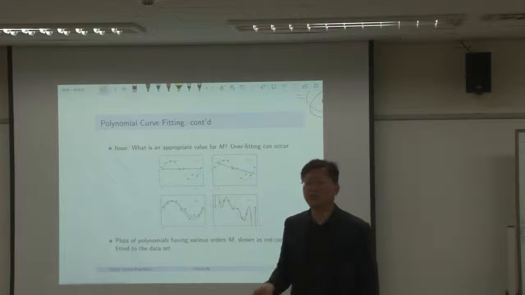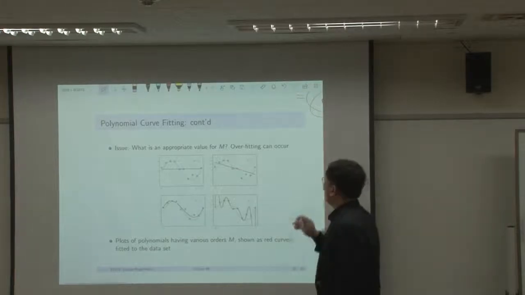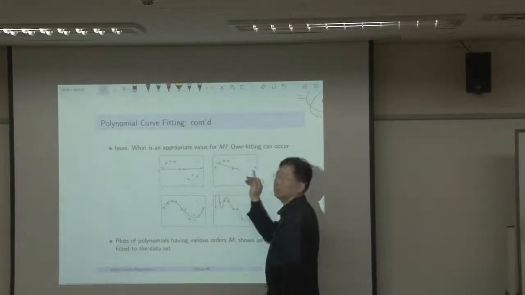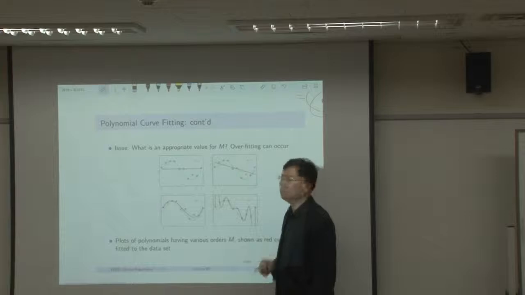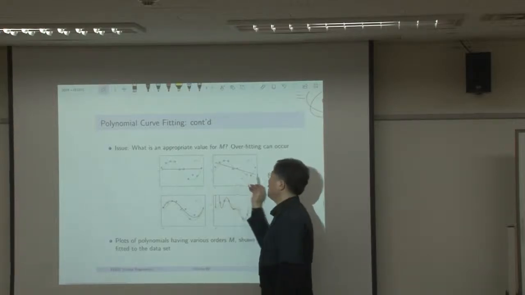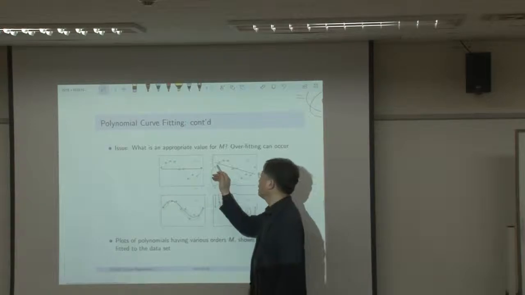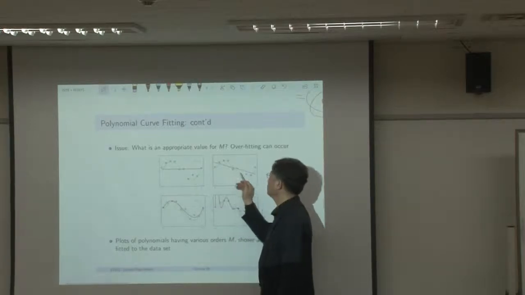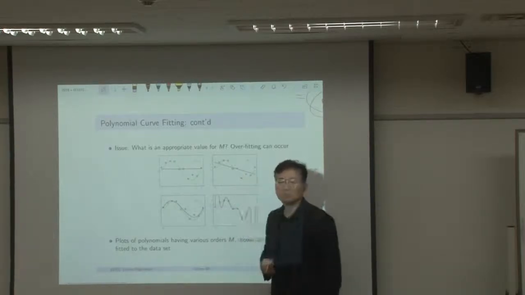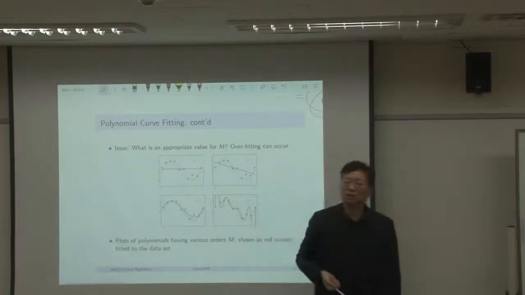I'm not satisfied with that. So what do I do? I increase the order. Then I have a linear line. And I'm still not satisfied.